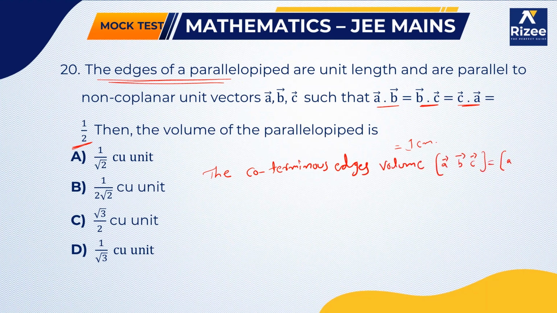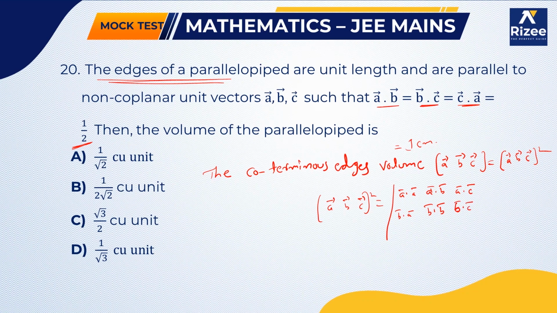So by this, a bar, b bar, c bar whole square can be written as the modulus of the determinant: a dot a, a dot b, a dot c, next b dot a, b dot b, b dot c, c dot a, next c bar dot b bar, c bar dot c bar.